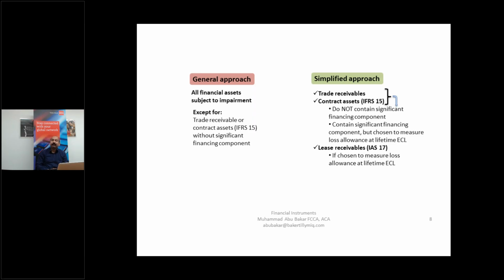Those trade receivables which have significant financing component. There, the entity has the option whether to go for the general approach, meaning 3-stage approach, or whether they want to go for the simplified approach. And the same is the case in case of lease receivable. Entity has the option either to go for the general approach or entity can opt for the simplified approach. Under simplified approach, entity recognizes an allowance for the lifetime expected credit losses from initial recognition.